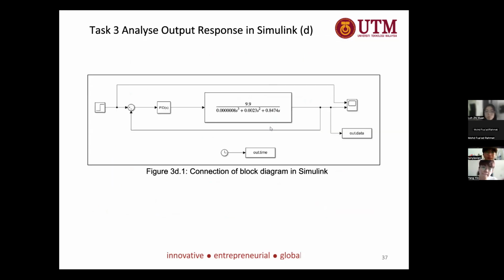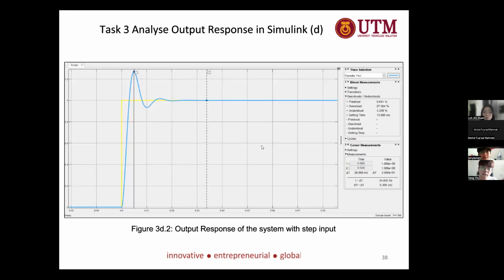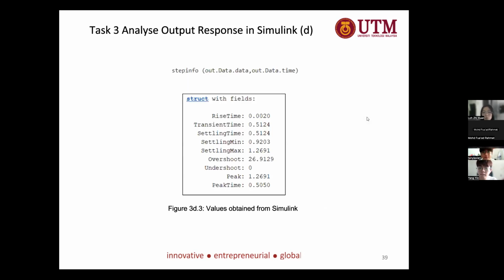Next. Then we run the simulation again by using Simulink. So this is the block diagram in Simulink. From the graph, we can observe that the value is accurate, which is exactly similar to the MATLAB code. Next. From that, we can observe that the settling time is 0.0124.